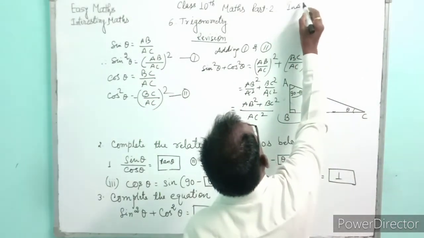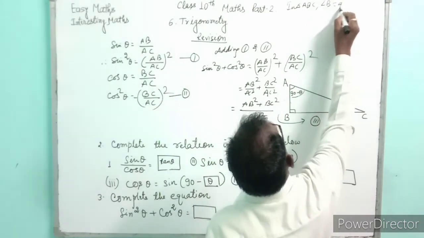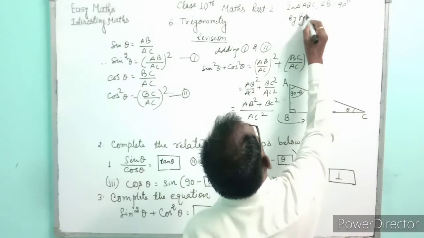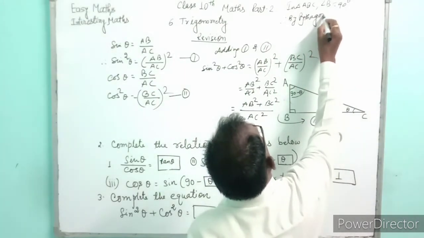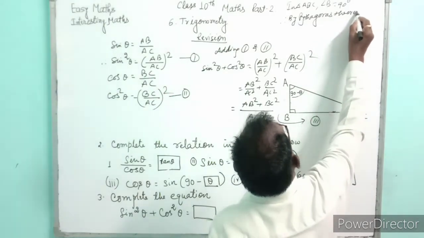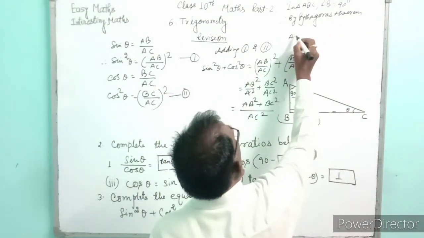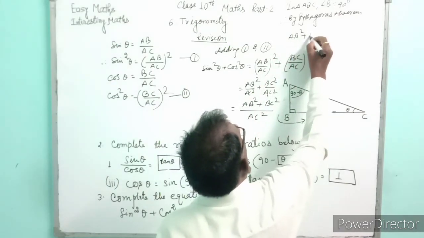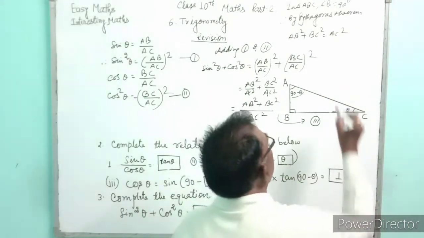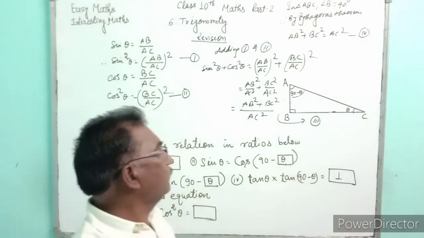Here in triangle ABC, B is equal to 90 degrees. Therefore by Pythagoras theorem, AB square plus BC square is equal to AC square. Number 4.